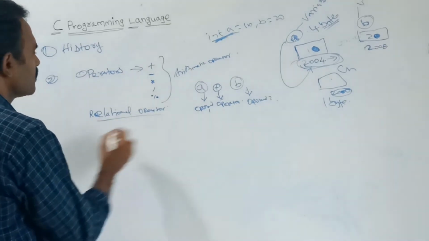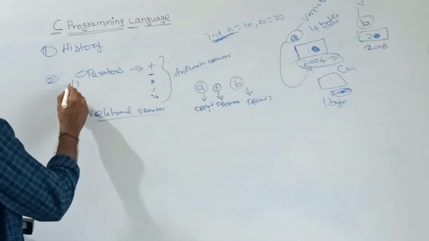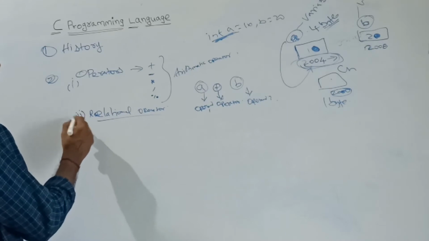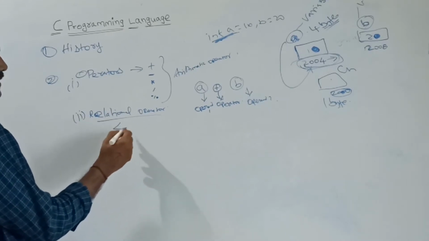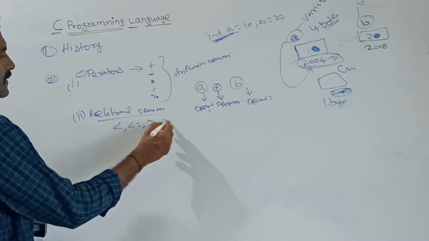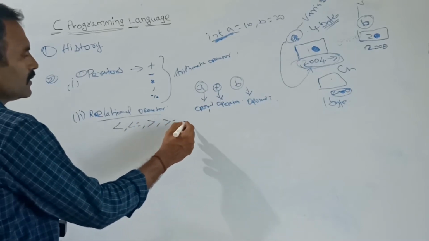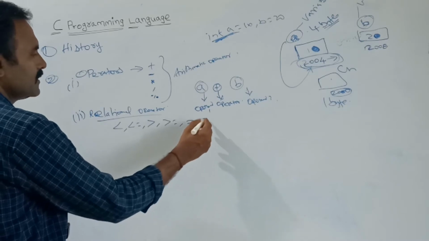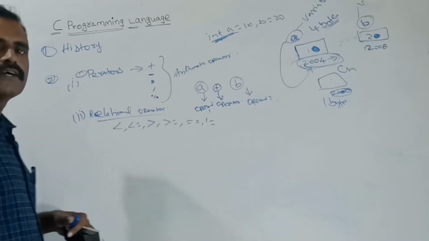What are the relational operators? Lesser than, lesser than or equal to, greater than, greater than or equal to, and not equal to. These are the relational operators.